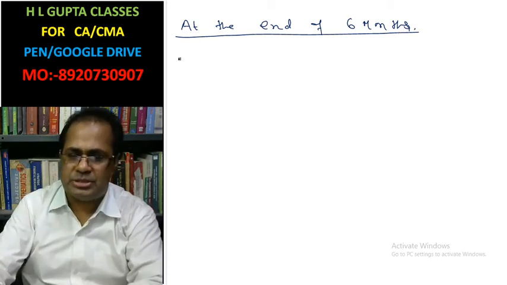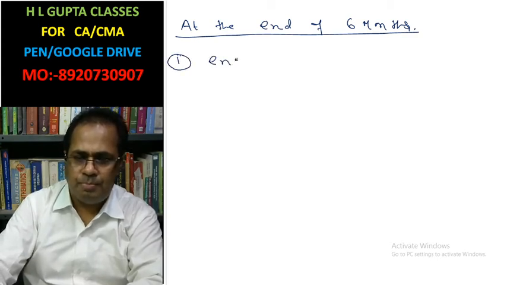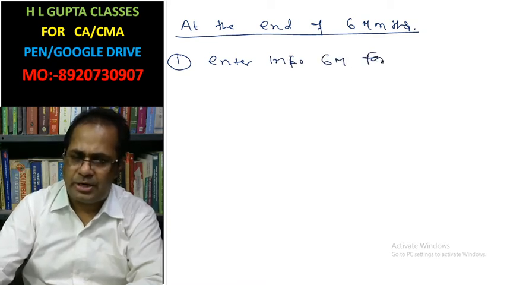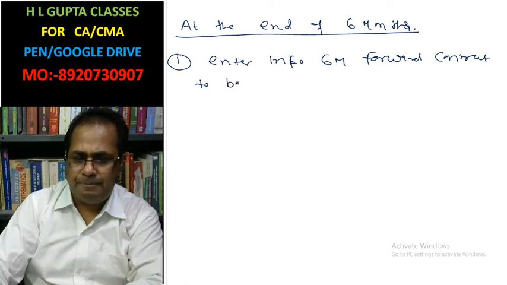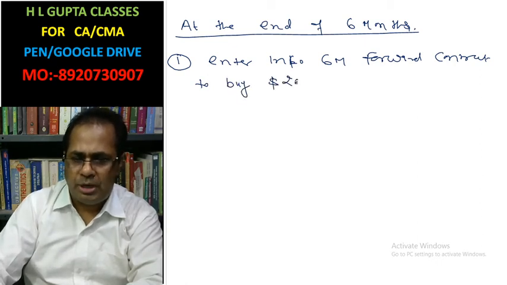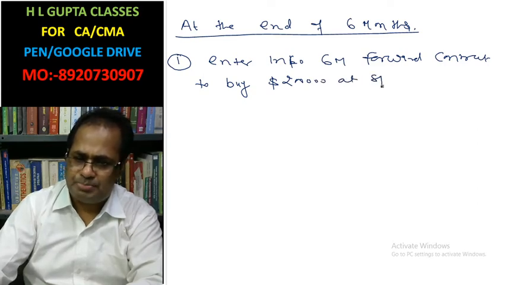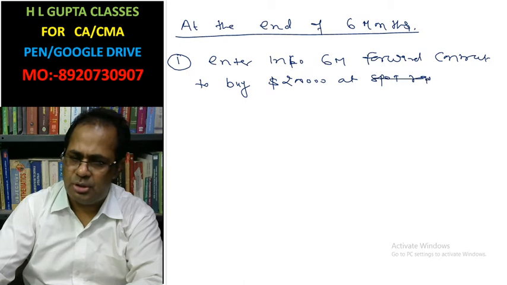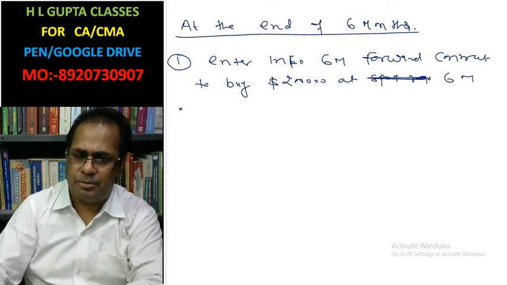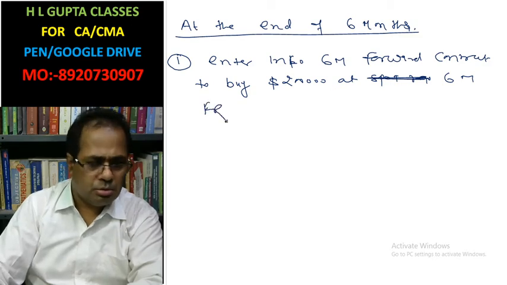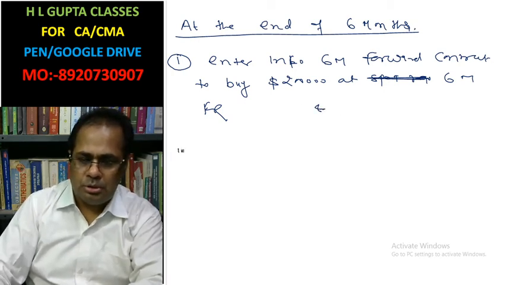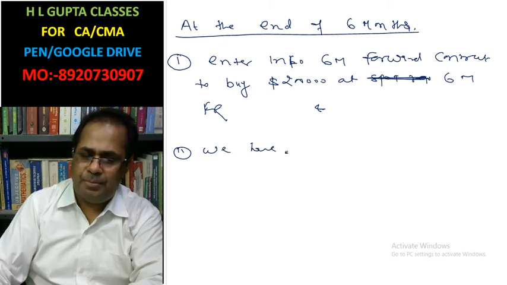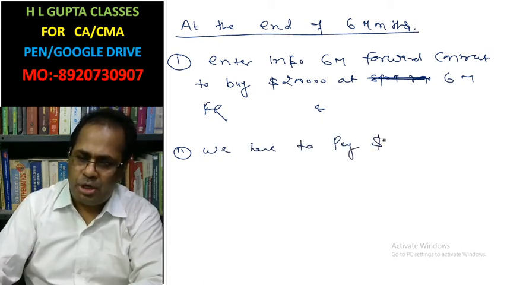Enter into the 6 month forward contract to buy $2 lakh at the 6 month forward rate, and we have to pay $1 lakh only.